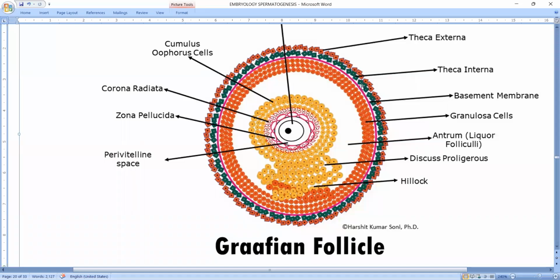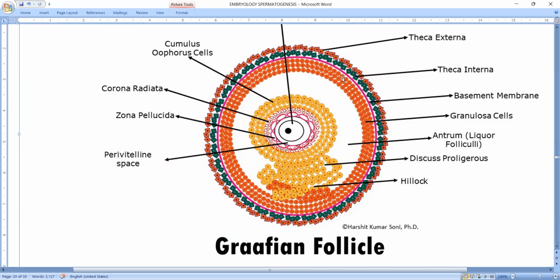Both these are stromal cells. They are not part of the actual follicle, but they protect the follicle. They are formed later, during the last stage of the follicle.